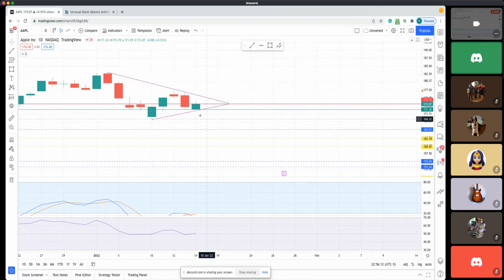So here again, very easy. I'll probably drop right below this candle right here. So we're at 171.36, so 171.25. If it breaks that, we're doing puts.